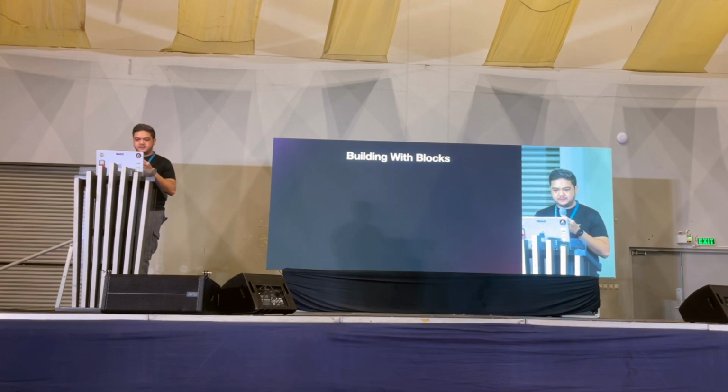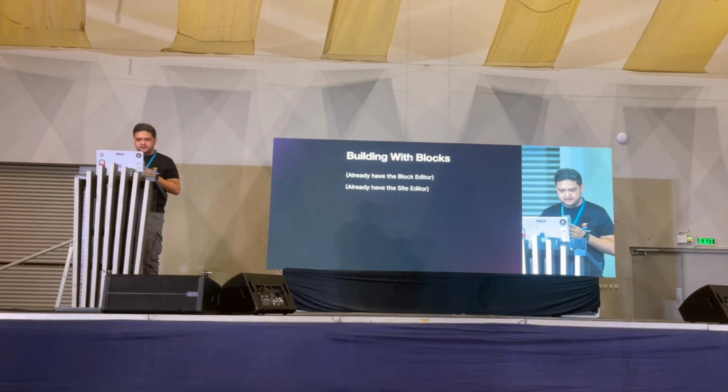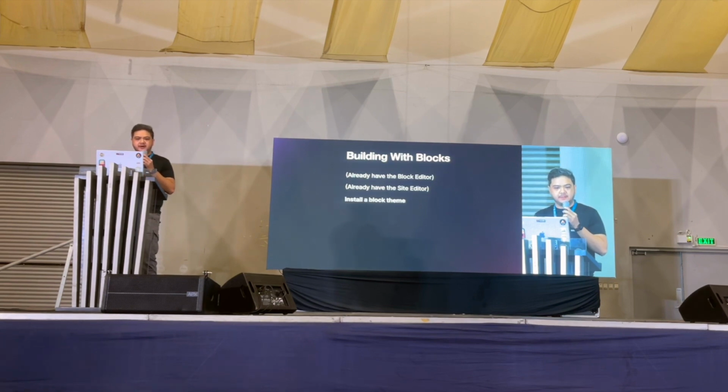So how does the block theme change things? Now, we already have the block editor, so we have drag and drop capabilities already, so we don't have to install anything for that. And we already have a site editor, so we can edit templates now, so we don't have to install anything either. But we do have to install a block theme.